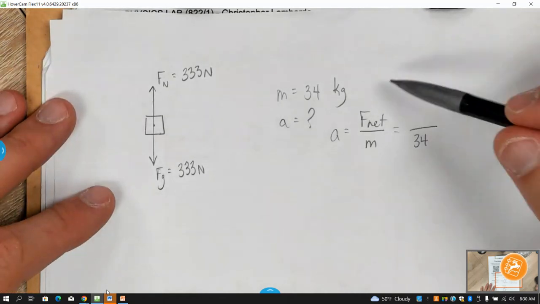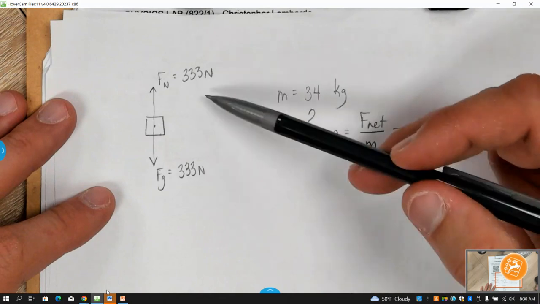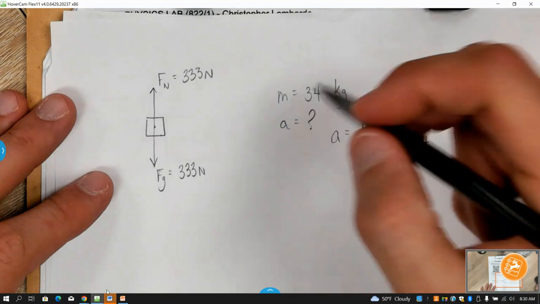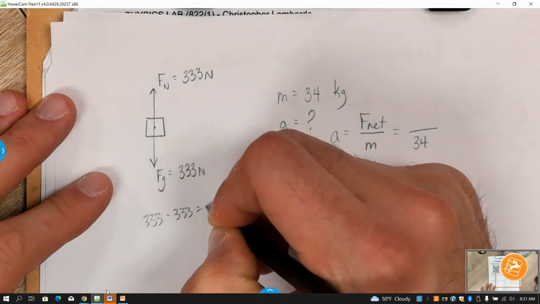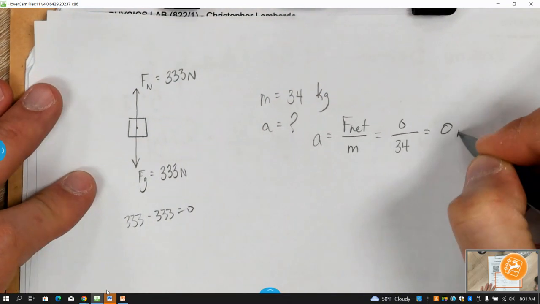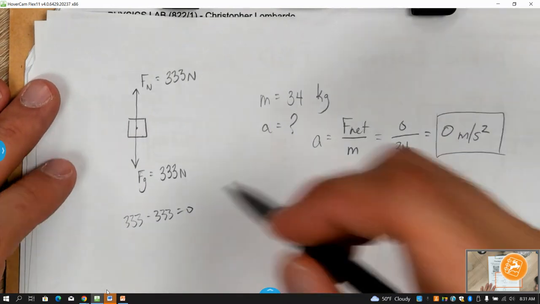We would need the net force. But guys, real quick, just looking at the two force vectors, what is the net force? 0. Yeah, right, because 333 minus 333 equals 0. So 0 divided by anything is 0 meters per second squared. He's just standing there.